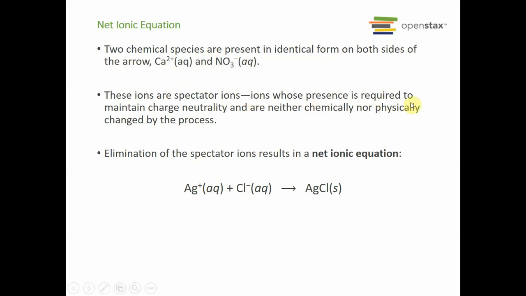Ions whose presence is required to maintain charge neutrality and are neither chemically nor physically changed by the process. Those are spectator ions. Elimination of the spectator ions from the equation results in the net ionic equation, that silver ions, aqueous, react with chloride ions, aqueous, to form silver chloride solid precipitate.